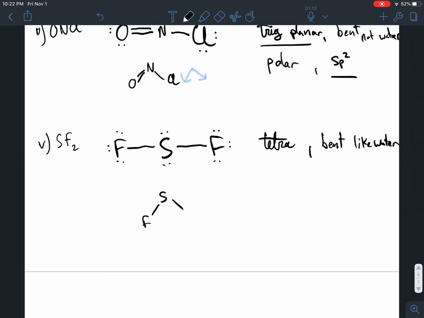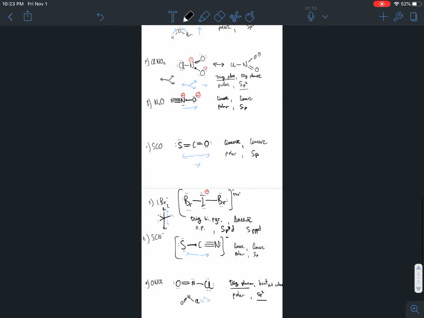Well, we need to draw it in a way that specifies the shape. And you can see it is polar. Wow, cool. And polar. And what's the other thing? sp3 hybridized, tetrahedral.